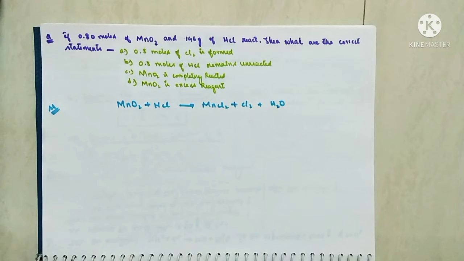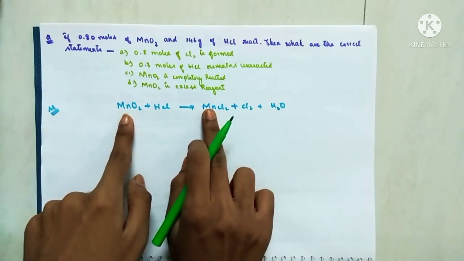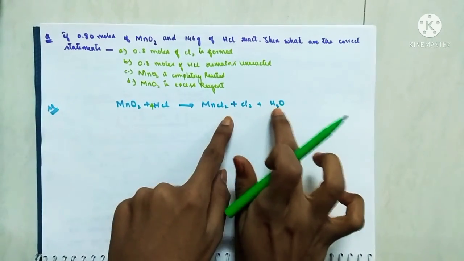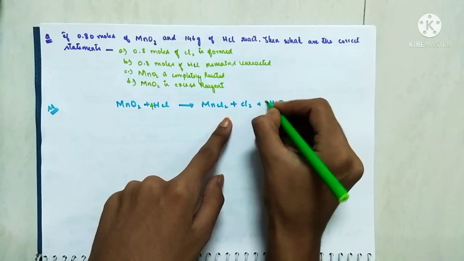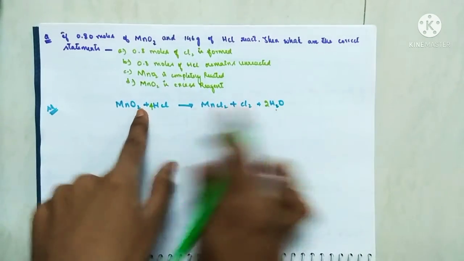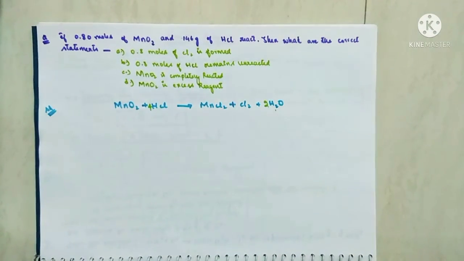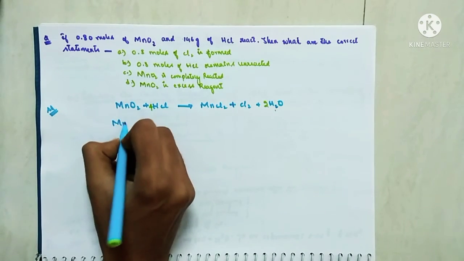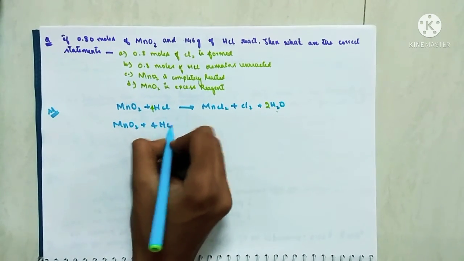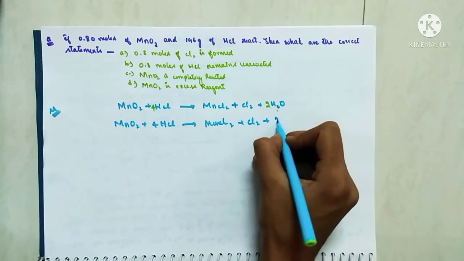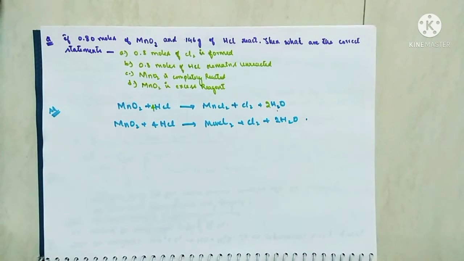Here there are 4 Cls, so we write 4 here, and 2 hydrogens are there, so we write 2 here. Now it's balanced. So the balanced equation would be MnO2 plus 4 HCl gives rise to MnCl2 plus Cl2 plus 2 H2O.